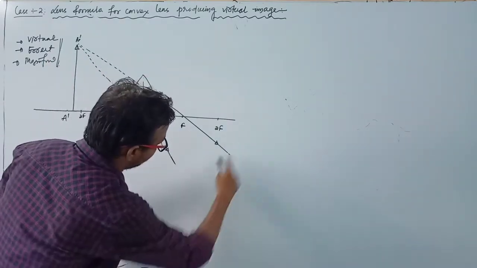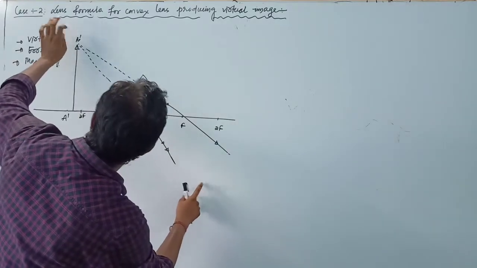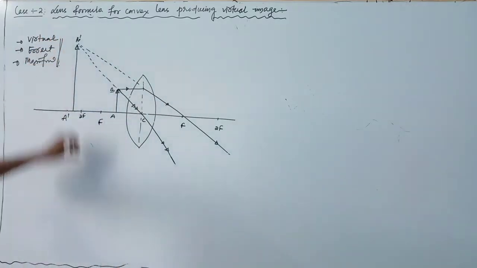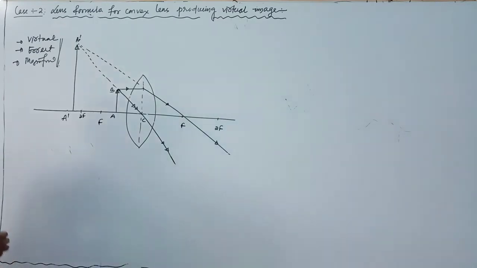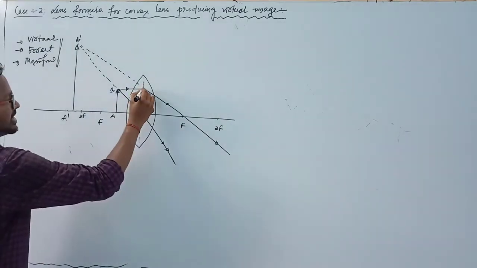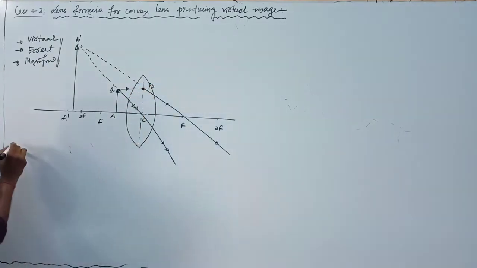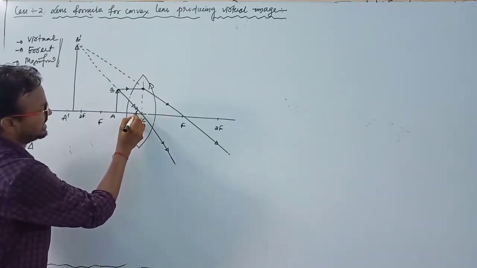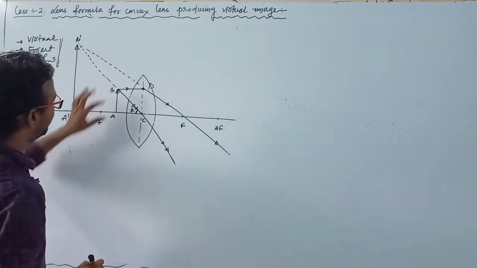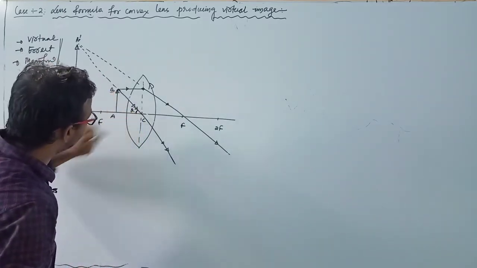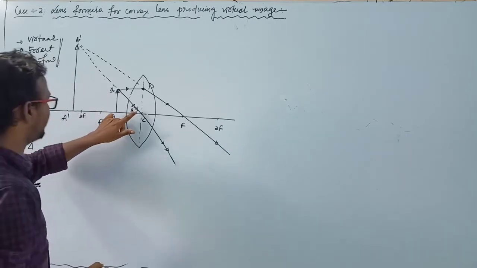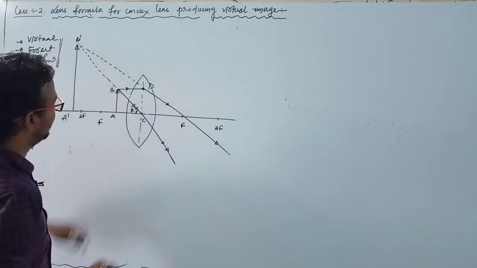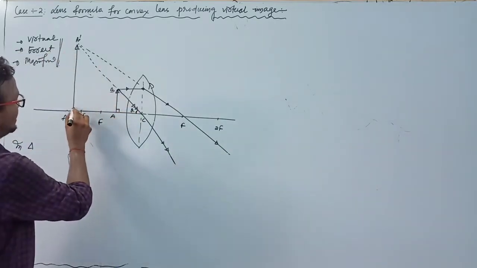If we observe here, then we get a final image here, and this final image is magnified. So suppose this point is D. Now we have to use similar triangles. Suppose this angle is theta. This angle is theta for this small triangle ABC, and the same angle theta is in A'B'C. Here this angle is also 90 and this angle is 90.